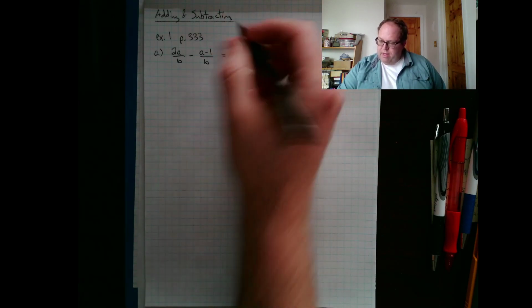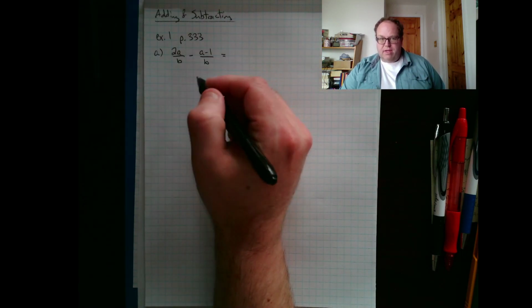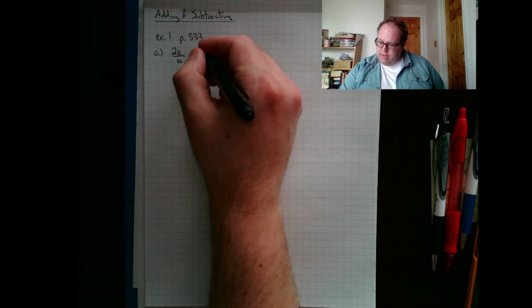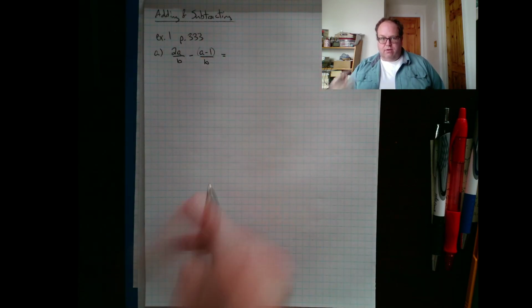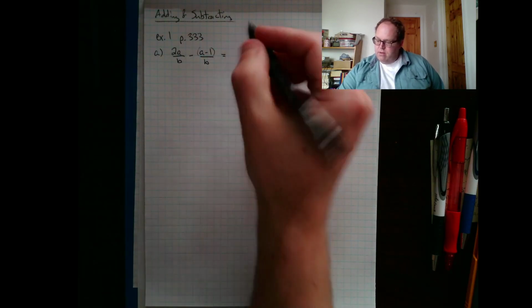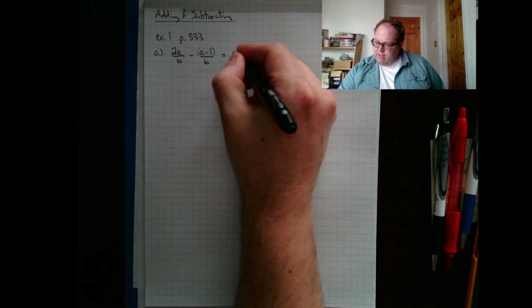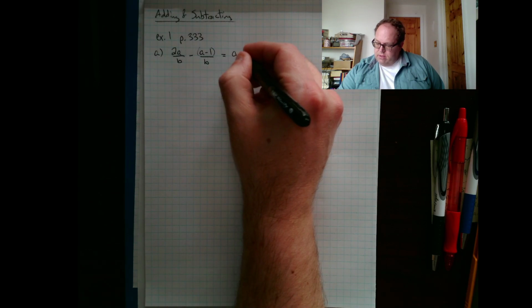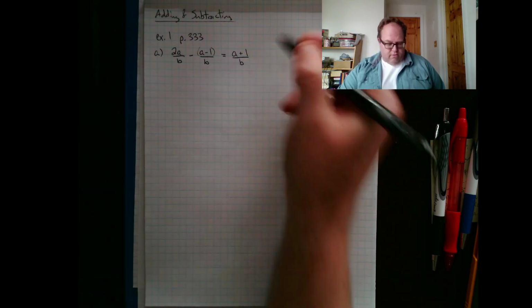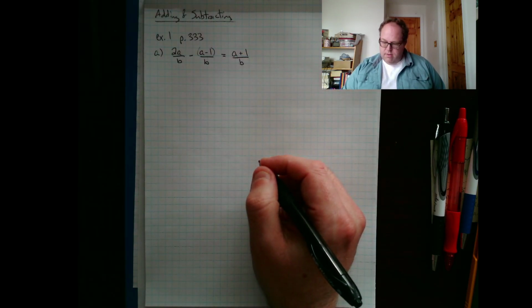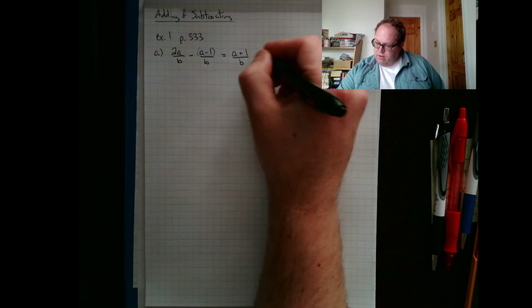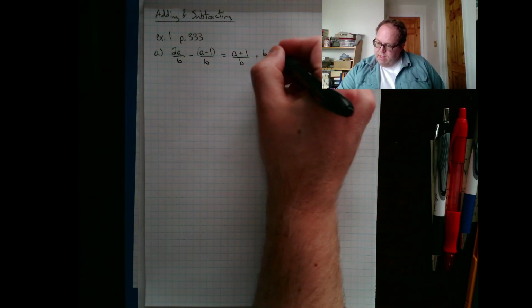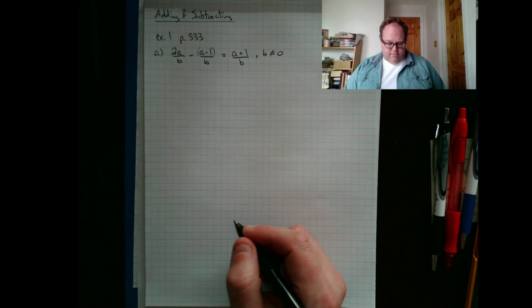One thing that I will mention though is you're subtracting everything in here. If you're not sure, you can stick brackets around this to make yourself concrete on that. 2a minus a is a. Negative 1 minus negative 1 leaves me 0, so plus 1 over b. So this is a plus 1 over b, and b can't equal 0.